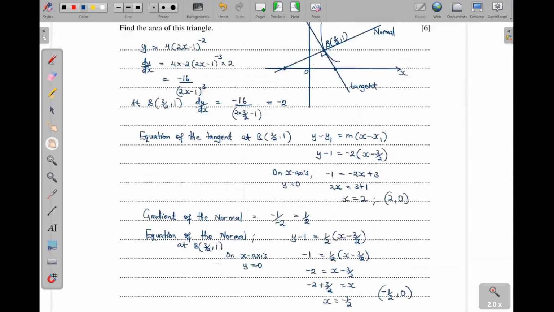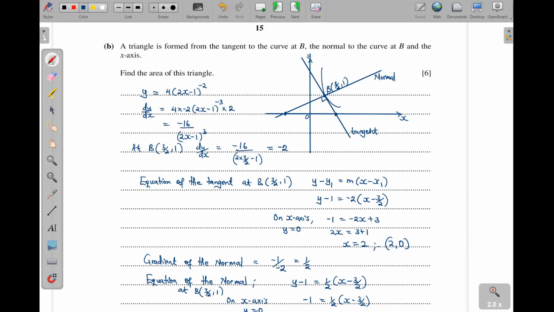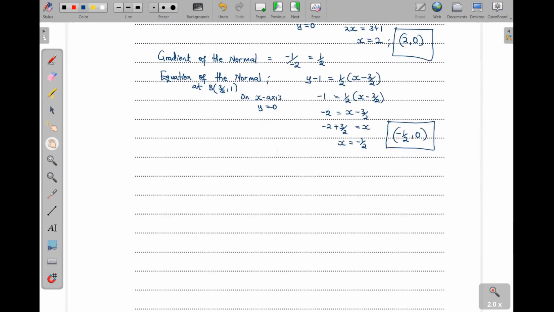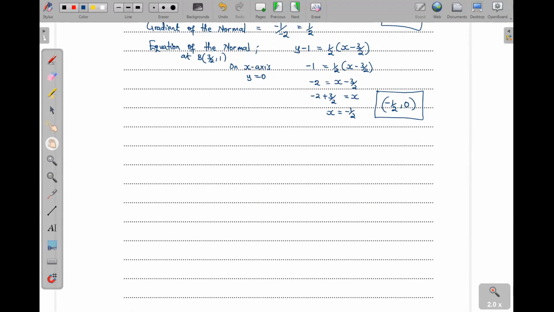Okay, so that means I can even put on this triangle. Here we have negative a half, and then we have 2 here. Okay, very important. So we needed this point, and we also needed this point here. Now I can sketch my triangle here like this. I have from here up to there where B is, then this one comes here.